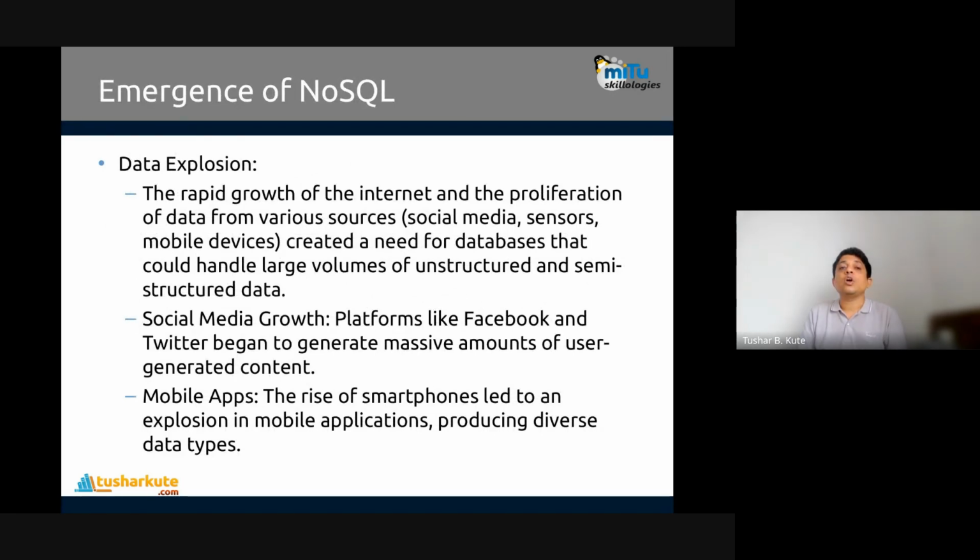Now see why we see this concept so commonly. Reasons why it is an emerging database today. The first reason is data explosion. For the last 10 to 20 years, we have seen enormous, exponential growth of data in the world.